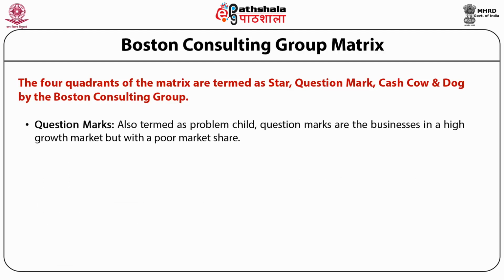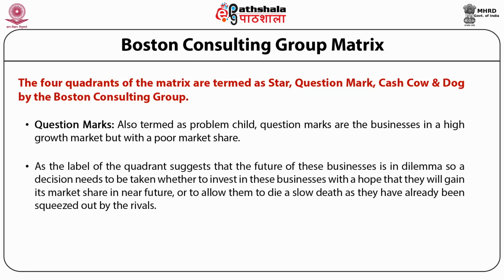The best suited strategy that these businesses may adopt is stability or a phased retrenchment strategy. Question marks. Also termed as problem child, question marks are the businesses in a high growth market but with a poor market share. As the label of the quadrant suggests, the future of this business is in dilemma, so a decision needs to be taken whether to invest in these businesses with a hope that they will gain market share in the near future, or to allow them to die a slow death as they have already been squeezed out by the rivals.